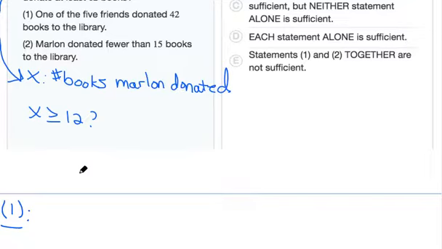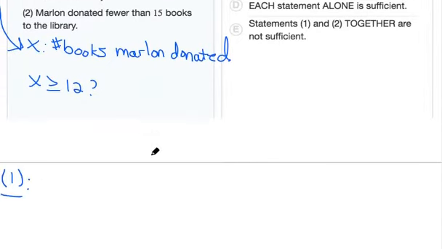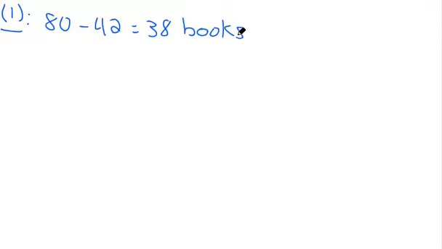So if there's a total of 80 books that were donated, and 42 were donated from one friend, we have 80 minus 42, which equals 38 books left divided among the other 5 friends that donated books to the library. So we want to consider what would be the least value of X.